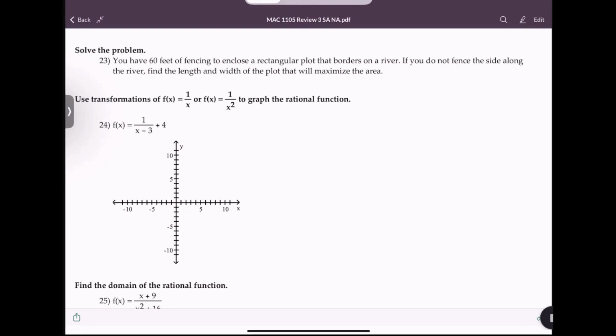Yours is L, so you'll say L is equal to negative B over 2A, which is negative 60 over 2 times negative 2, which is equal to 15.